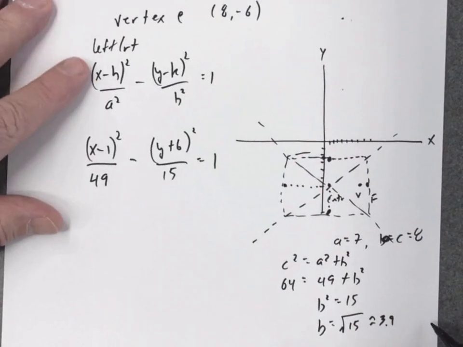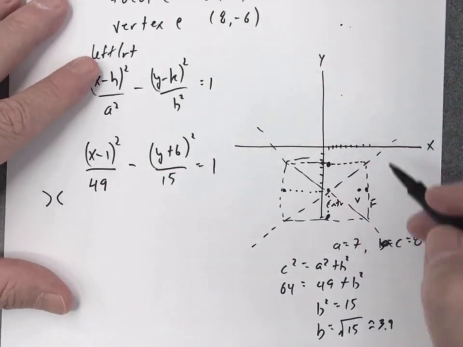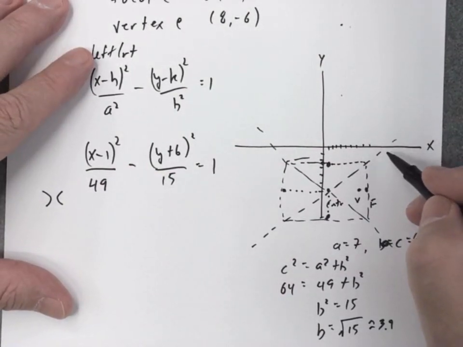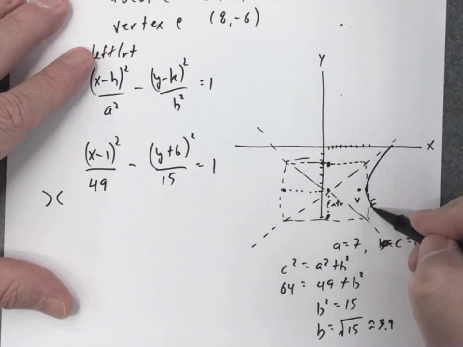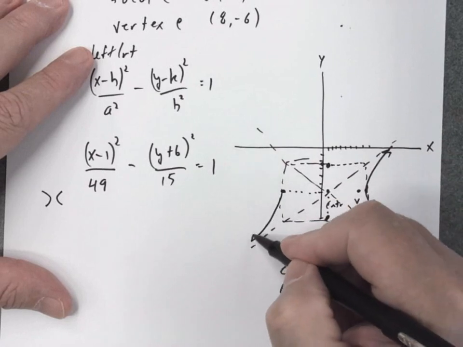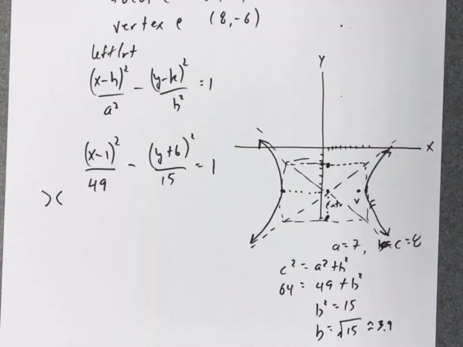So since this is a left or right hyperbola, it should look something like that. All right, so that's where you're given information and we can come up with the equation and the graph.